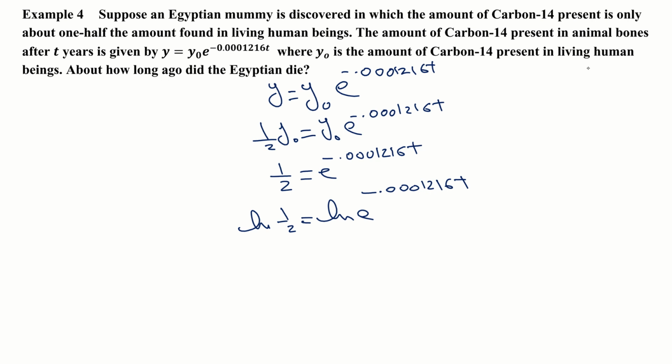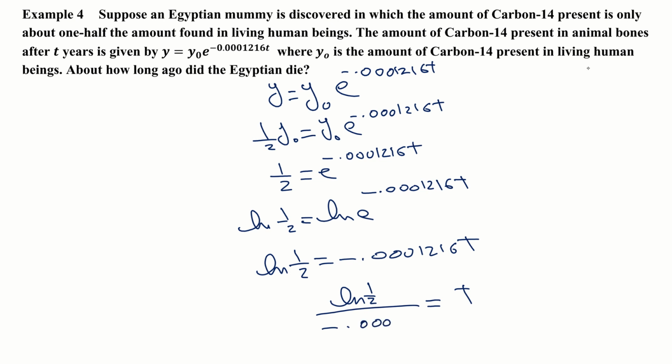And we have ln of 1/2 equals negative 0.0001216 t. So for t, we're going to divide ln of 1/2 by negative 0.0001216.